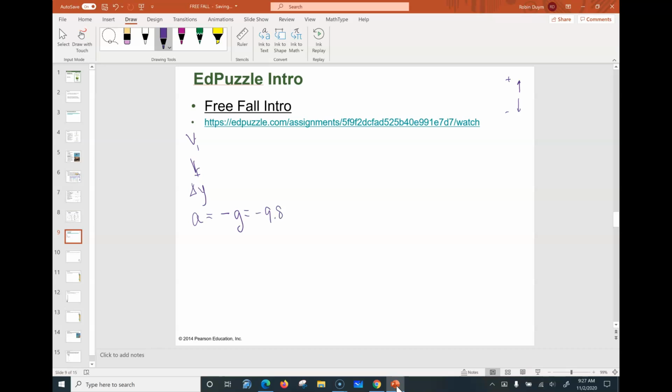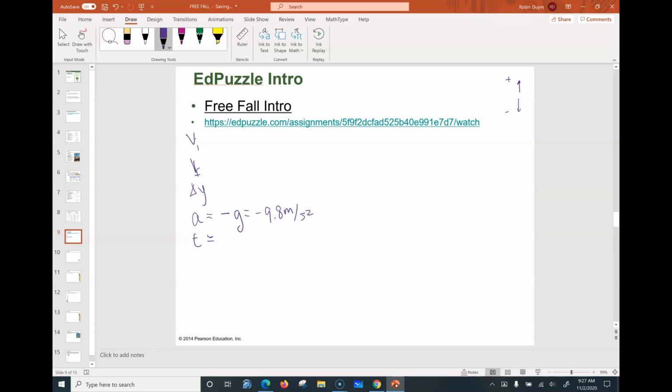And you can see I can automatically fill in a. I know that it's negative g, which is negative 9.8 meters per second squared. The negative, again, just means that it's pointed downward. g is just the size of the acceleration. It's going to speed up or slow things down at a rate of 9.8 meters per second every second.